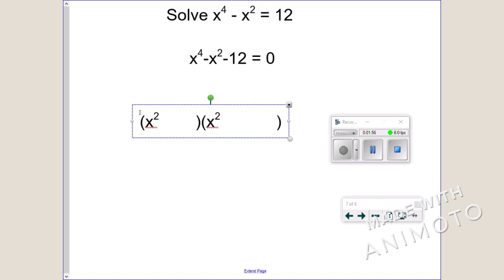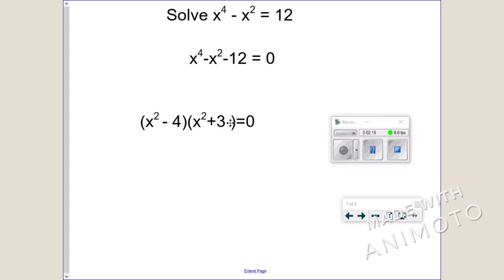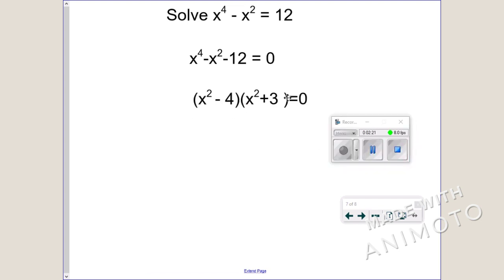So factors of 12, in this case negative 12, that would add to negative 1. Well, all my factors of 12 are 1 and 12, 2 and 6, and 3 and 4. 3 and 4 are the only ones that would add to negative 1 here. So it just so happens that we need to have a negative 4 and a positive 3. Okay, so that would essentially be our factored form of this equation.